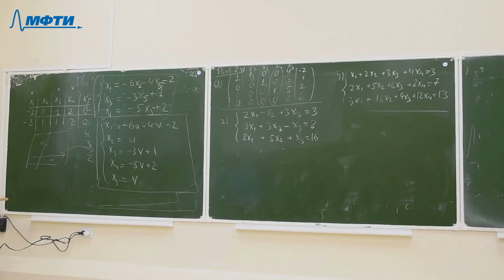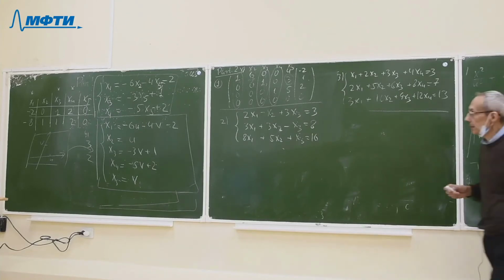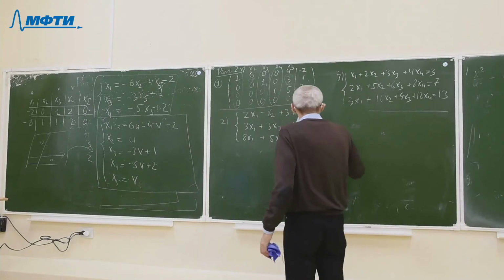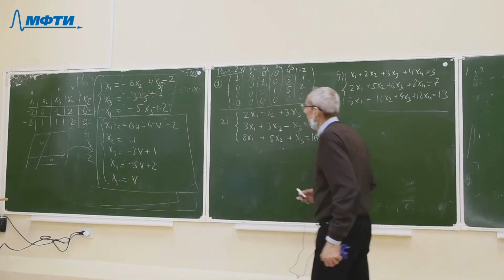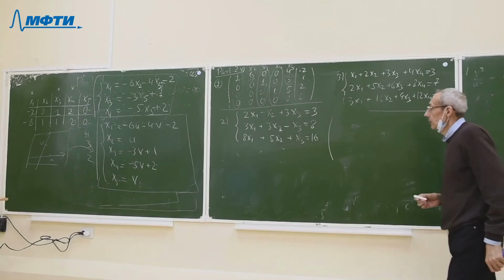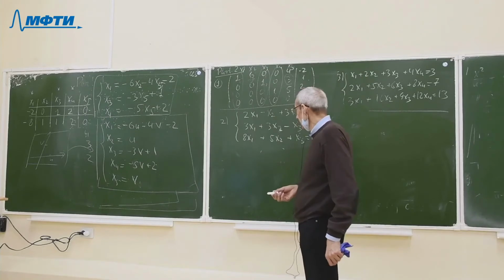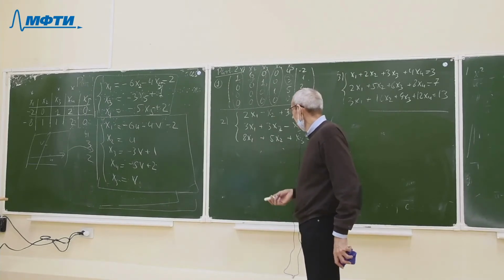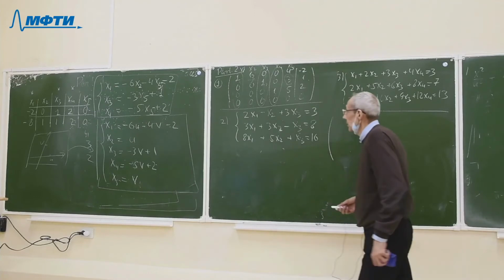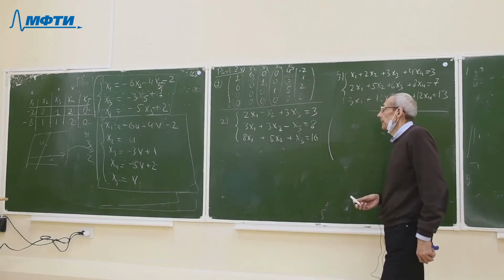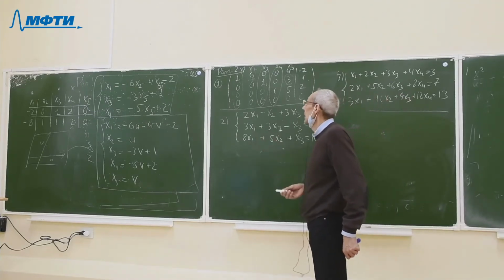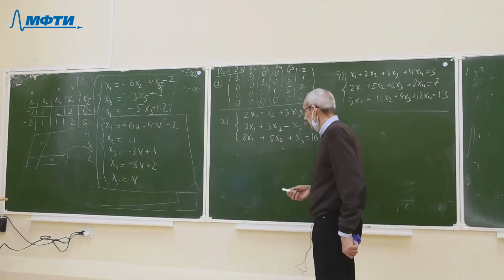First of all, let's write the augmented matrix of our linear system. The first column of the augmented matrix is formed by coefficients of the first variable in our linear system.